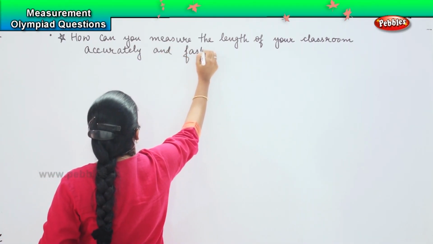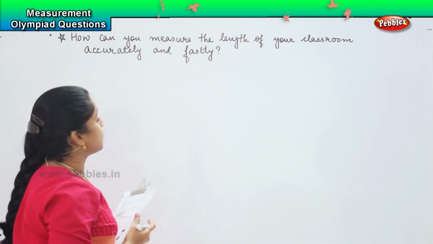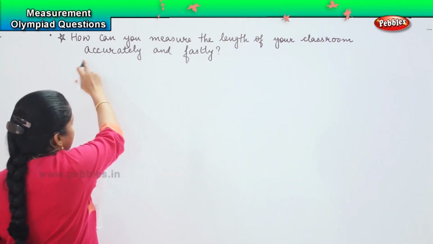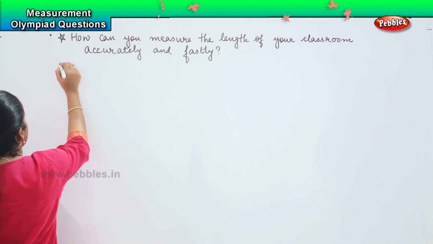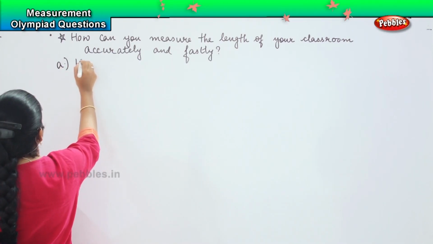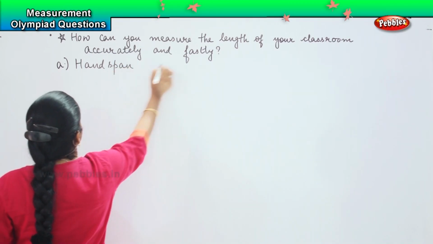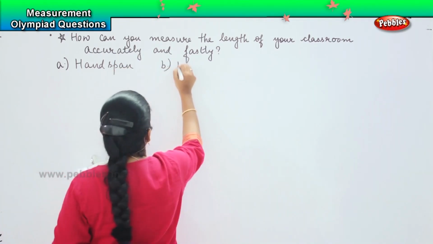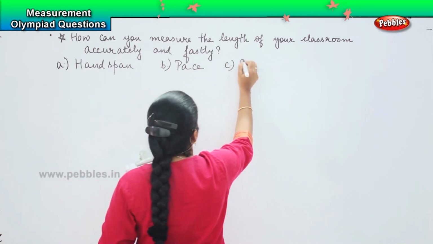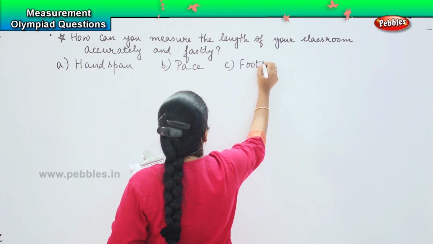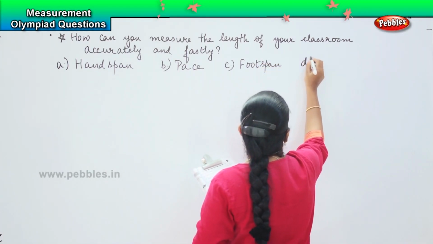Okay. So, understand the question, children. They are asking which among the given options will help us to measure the length accurately, which means exactly and fastly. Your options are option A handspan, option B pace, option C footspan, and option D meter tape.